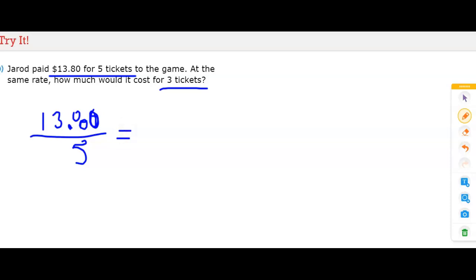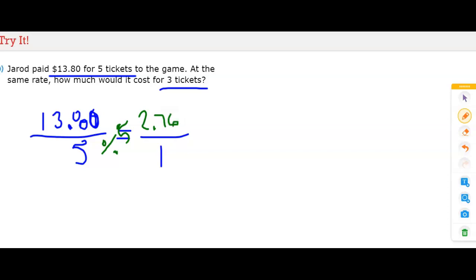We want to know the cost per 1 ticket, so we're going to divide the rate by 5, both the numerator and the denominator. 5 divided by 5 is 1, and $13.80 divided by 5 will give us 2.76.